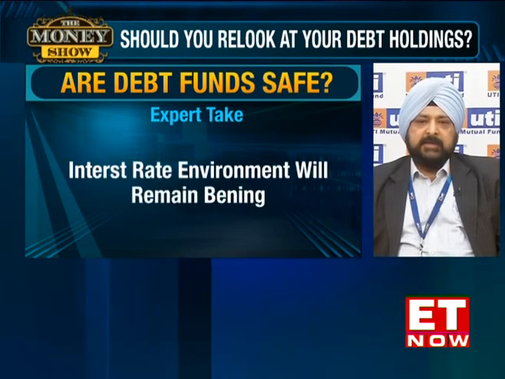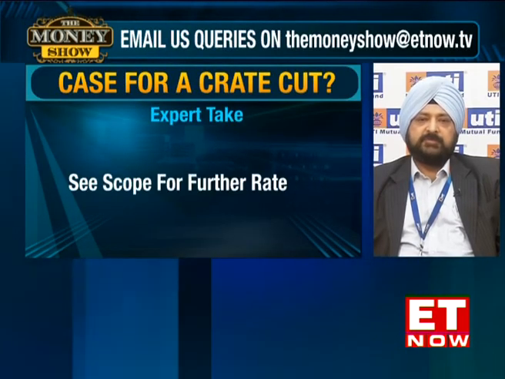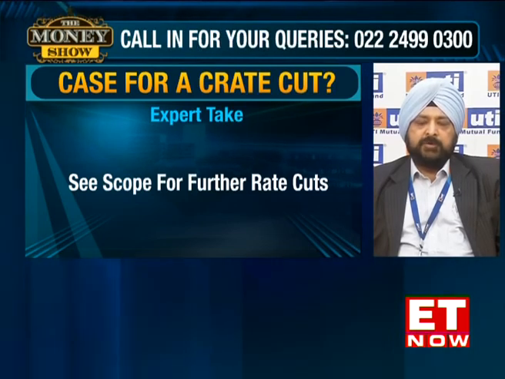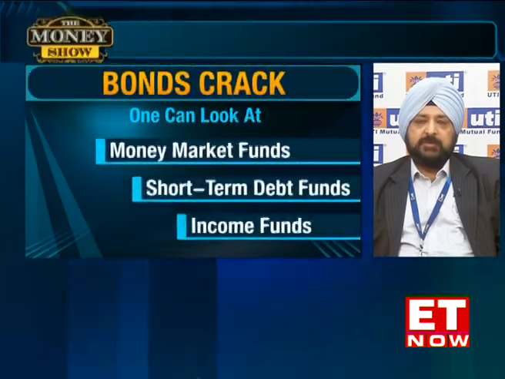This clearly helps investors who can look at investing in categories of funds like money market funds, short-term income funds, corporate bond funds, as well as medium-term funds. These funds typically run average maturities or modified durations between 2 to 3 years and can benefit from the capital gains which arise when prices of bonds move up with the decline in rates.